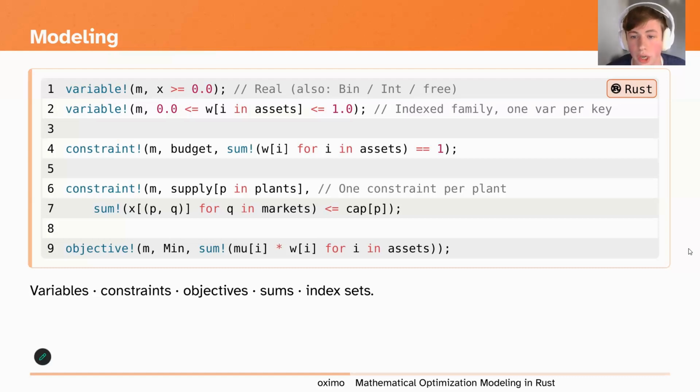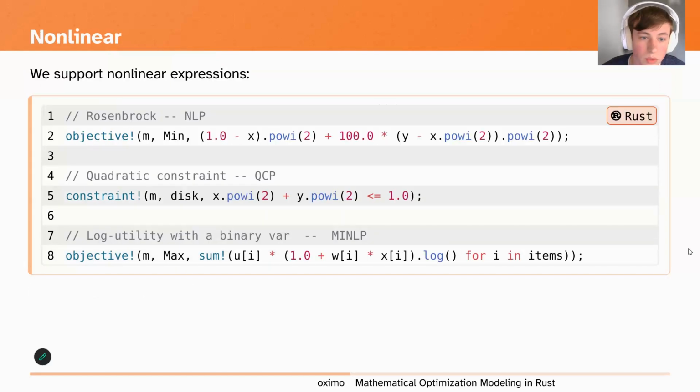We can also pass index sets, so it's really easy to get a lot of the sums that are usually encountered for this type of models, and we can also filter it really easily. We also support nonlinear expressions, and we automatically infer the model type based on the operations that are being done to the variables.